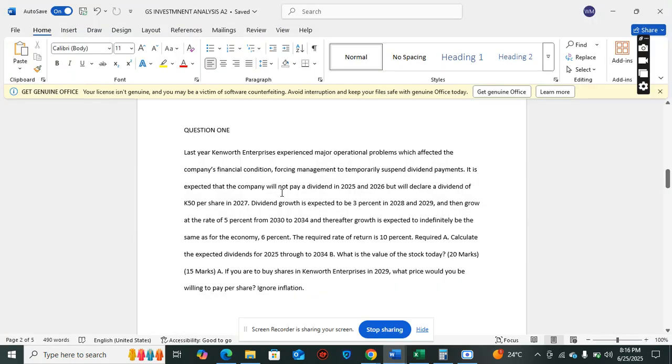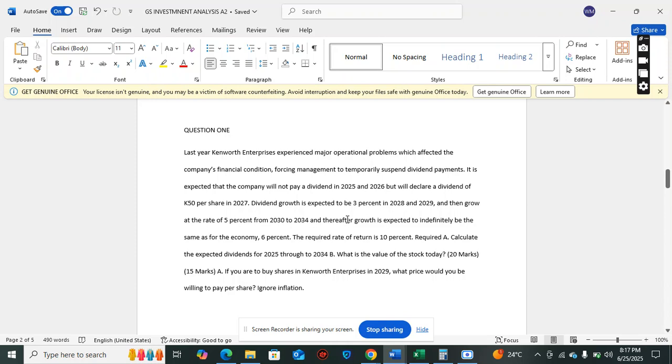The company will not pay dividend in 2025 and 2026, but will declare a dividend of 50 kwacha per share in 2027. Dividend growth is expected to be 3% in 2028 and 2029, and then grow at the rate of 5% from 2030 to 2034.